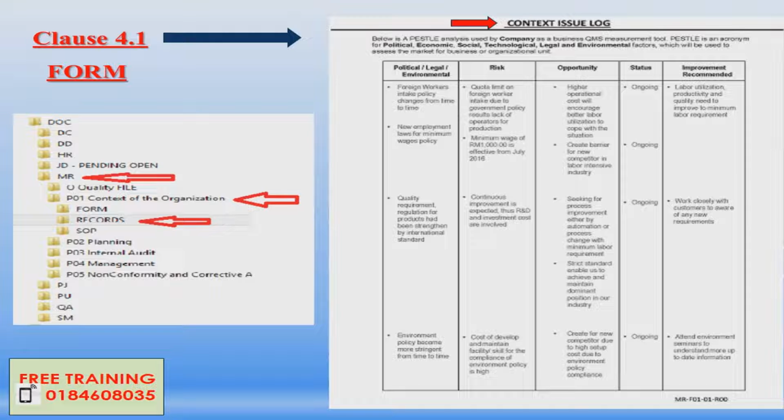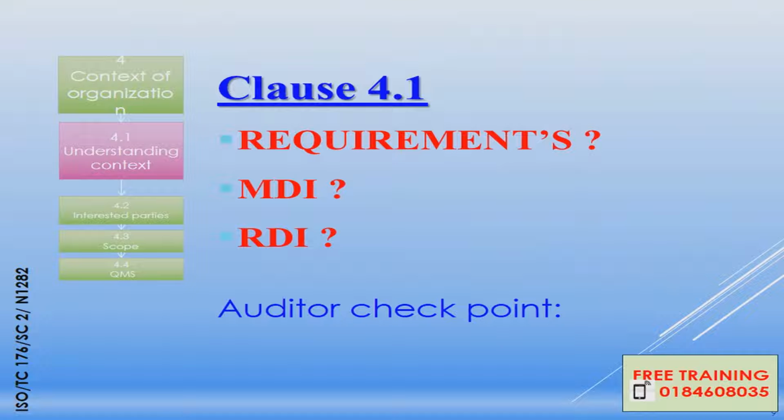So this is a sample. We follow PESTLE. So you fill in the context issue log, all the relevant external, internal, and what's the risk, or what is the opportunity, then what is the status now, then the improvement you recommend, so that in future you don't have any problem. I just fill in the form. I will give you the sample once a year. Okay.